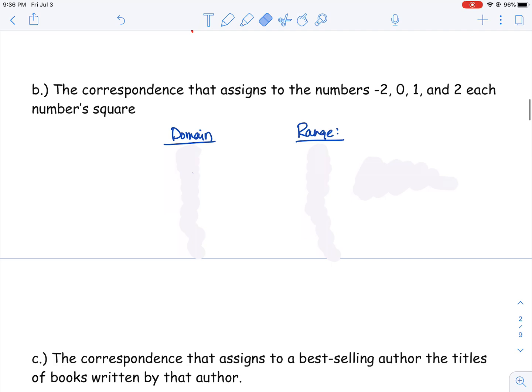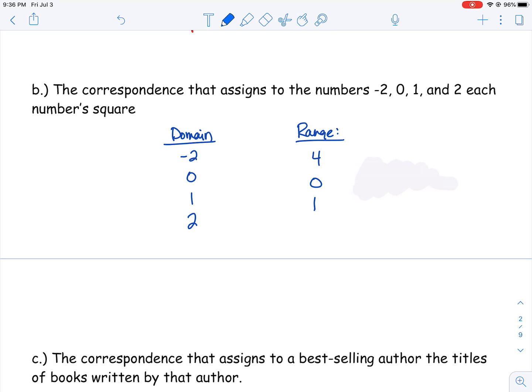What about B? The correspondence that assigns the numbers -2, 0, 1, and 2, each number's square. All right, so I have the numbers -2, 0, 1, and 2, and then I have their squares. So what's -2 squared and 0 squared and 1 squared and 2 squared? Well, -2 squared is 4, 0 squared is 0, 1 squared is 1, and 2 squared is 4. You see how I just wrote it once?